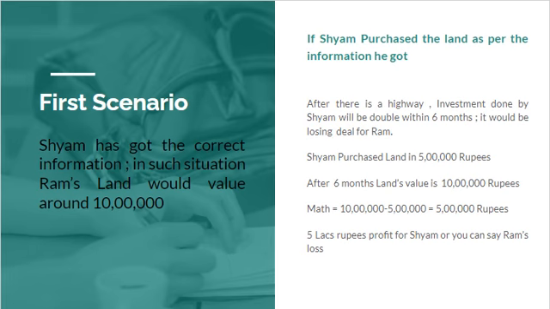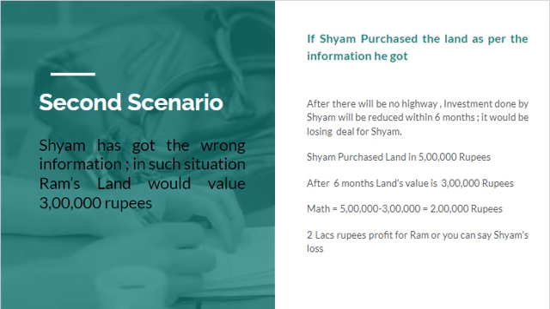So Shyam would be making a profit of 5 lakh rupees within 6 months by purchasing the land before the news was published, or you can say Ram's loss of 5 lakh rupees. This was the first scenario. Now we go to the second one.